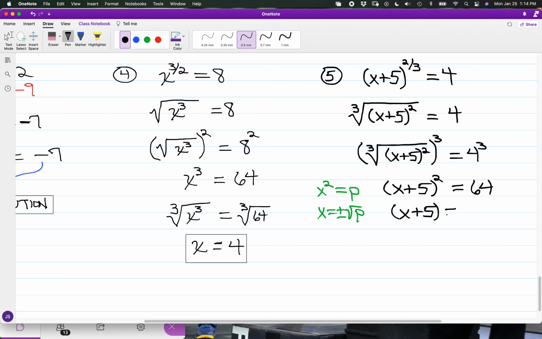So x plus 5 is equal to plus or minus the square root of 64, and we have plus or minus 8. And setting x plus 5 equal to negative 8, as well as positive 8.